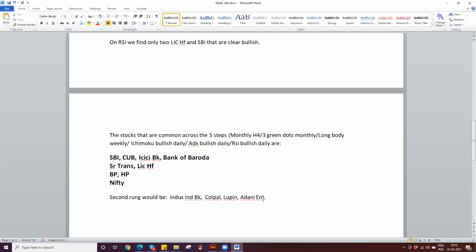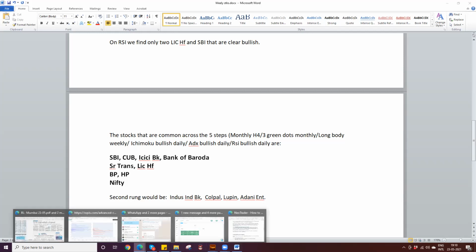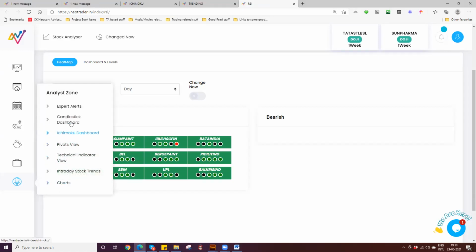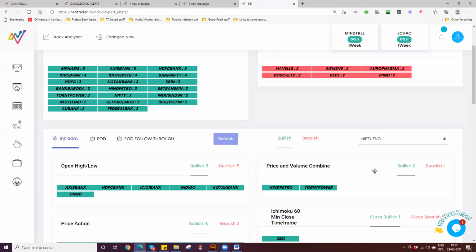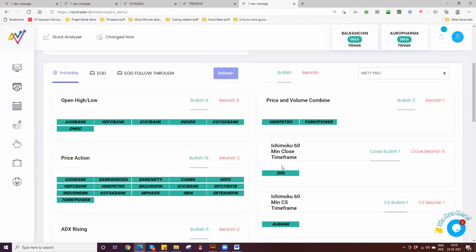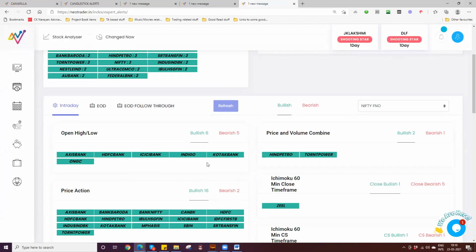So for a week, you can shortlist maybe 10, 15 stocks and put them into a final watch list for the week, and then keep looking for signals to emerge in the watch list. Now, where will signals emerge? People who are well versed with NeoTrader will know it. Go to expert alerts, and if you find any of those names showing up here, this is as of the last refresh; on Monday this whole thing will get refreshed.